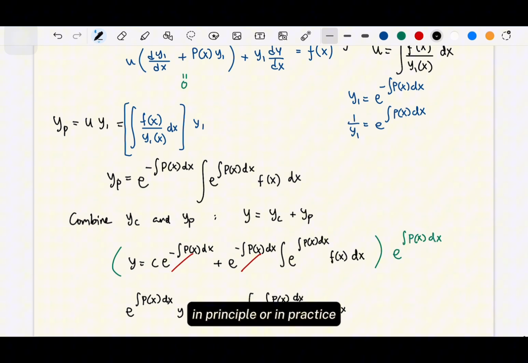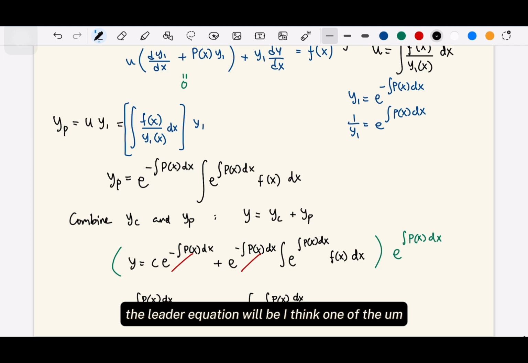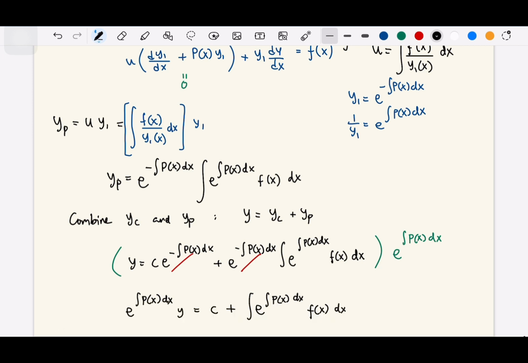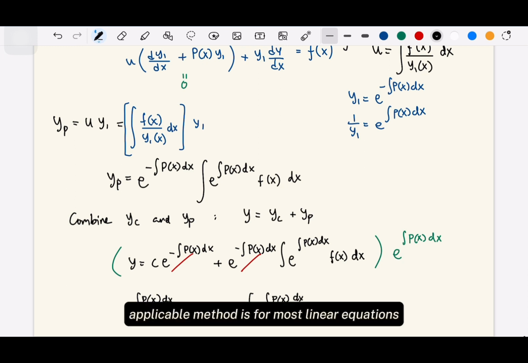In principle or in practice, the linear equation method is one of the applicable methods that you can use for most linear equations. So for most first order linear equations, you can focus on the linear equation method.